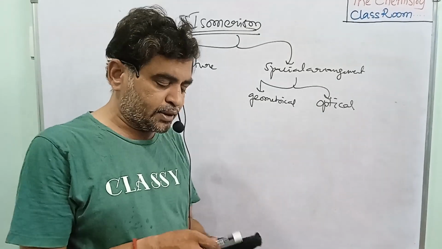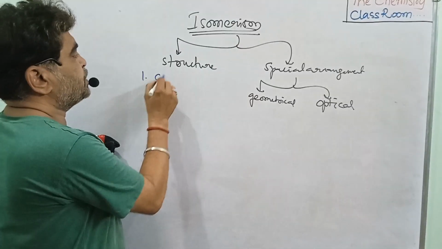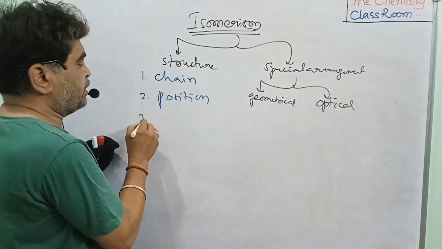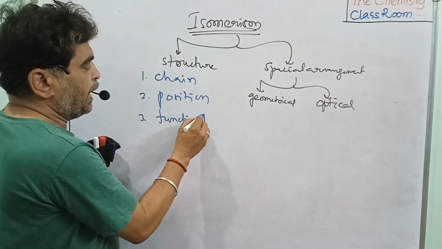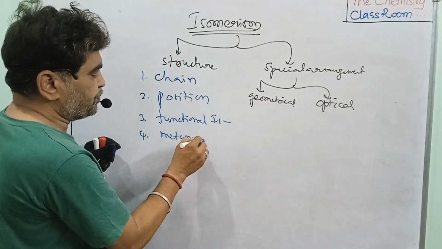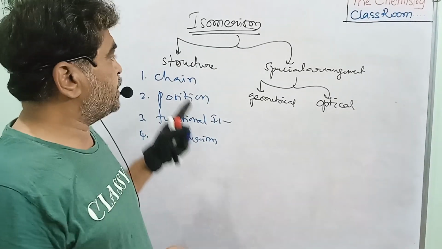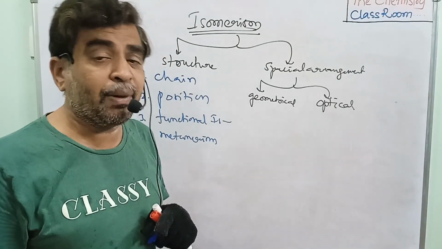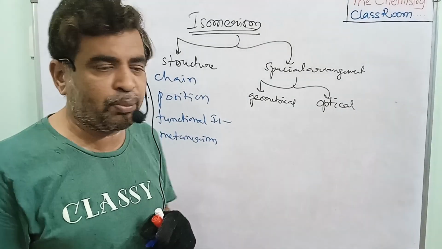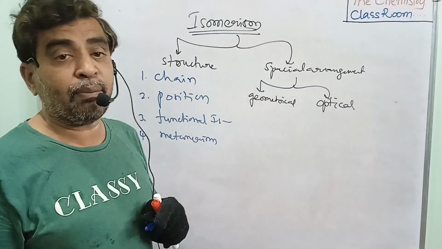So how do they differ in the structure? The structural type is of four kinds: the first is chain isomerism, the second is position isomerism, the third is functional group isomerism, and the fourth is metamerism. All four belong to structural isomerism. In this, the molecular formula is the same, but they differ in the structure. We discuss them one by one.